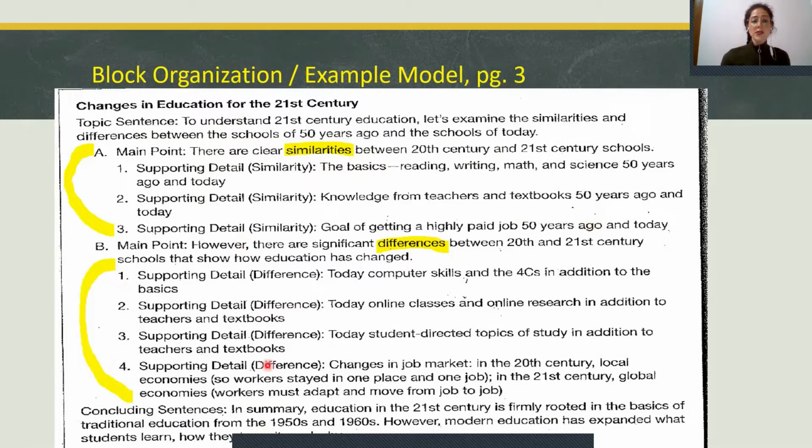Main point, part B or paragraph B, significant differences between 20th and 21st century schools. Difference 1, difference 2, difference 3, difference 4, however you wish. It can continue until 10, but 3 is enough, guys. Just don't exaggerate it. And the concluding sentences, that's all.